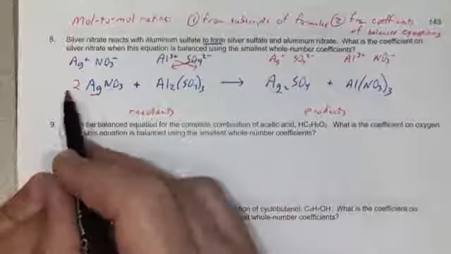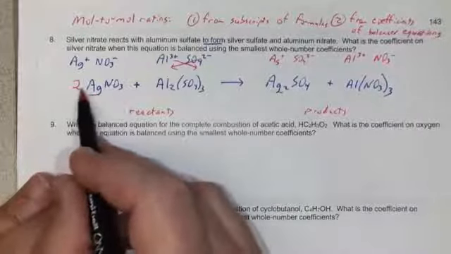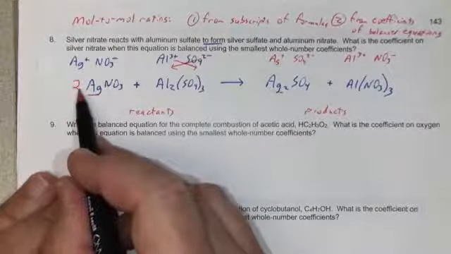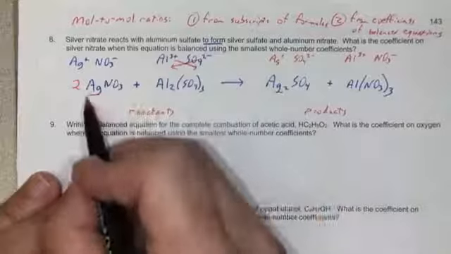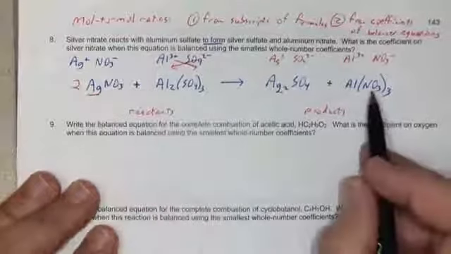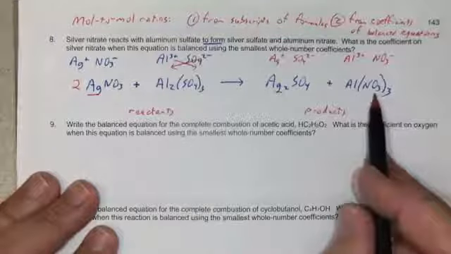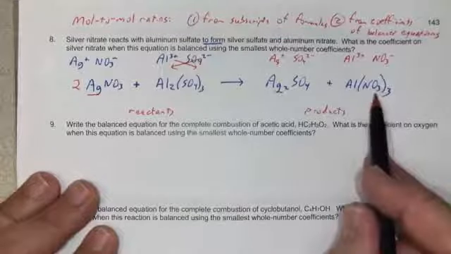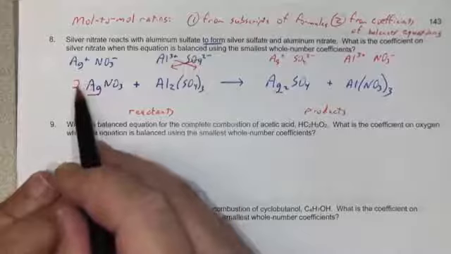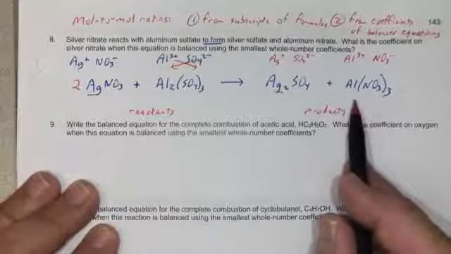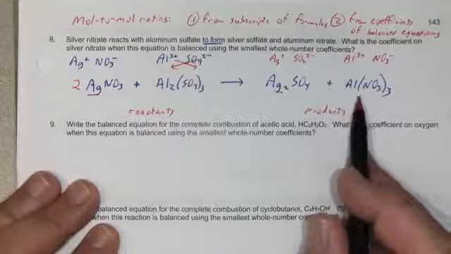Well, this already has 2, so that tells me that I did this incorrectly. And so that's one reason that I underline things. If there's 3 over here, then I'm going to have to take that into account. In order to use the smallest whole number coefficients, I'm going to need a total of 6 over here.